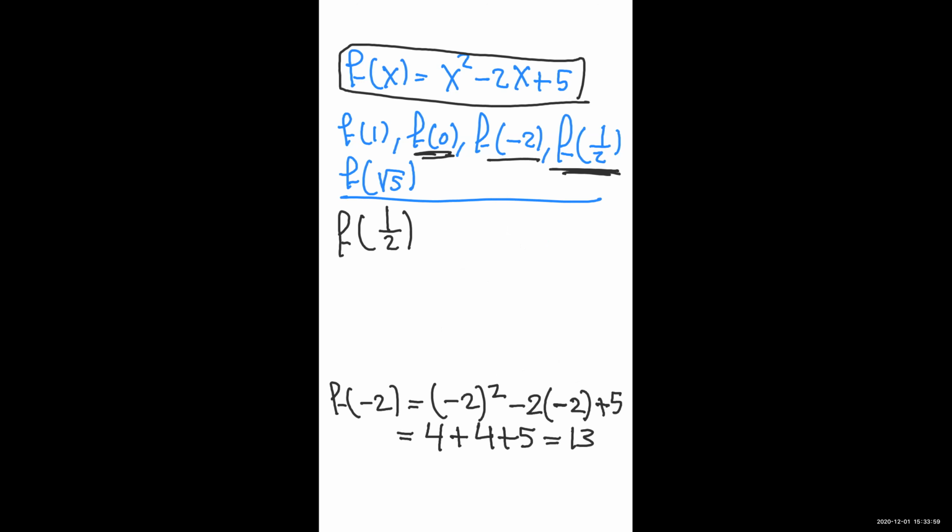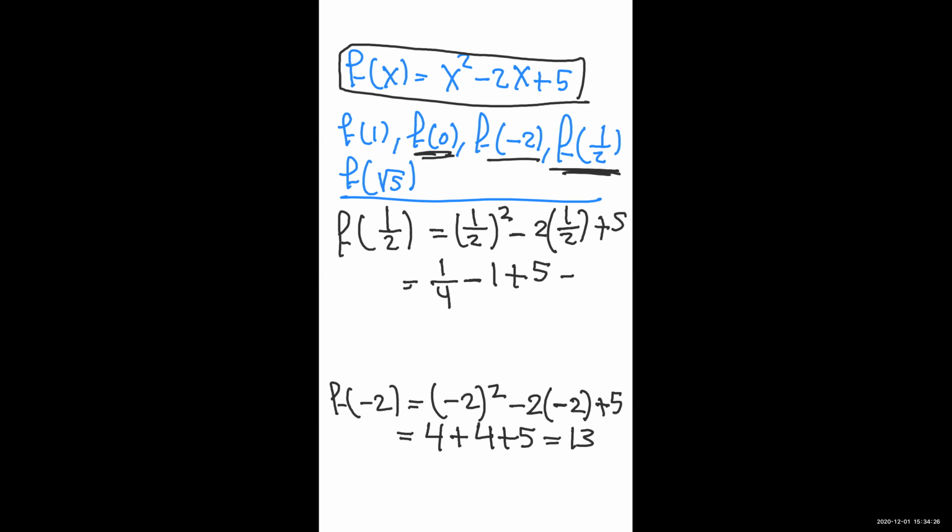Now this means x will equal 1 over 2. So x squared means 1 over 2 squared, minus 2 times x, now 1 over 2, plus 5. So it will equal 1 over 2 squared, which means 1 over 4, minus 2 times 1 over 2, which means 2 over 2, which will equal 1, plus 5.